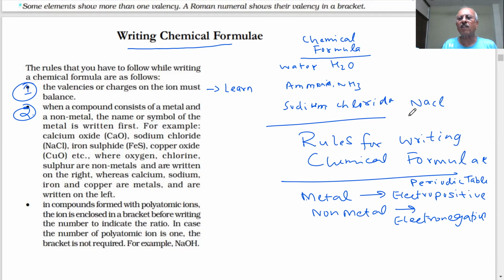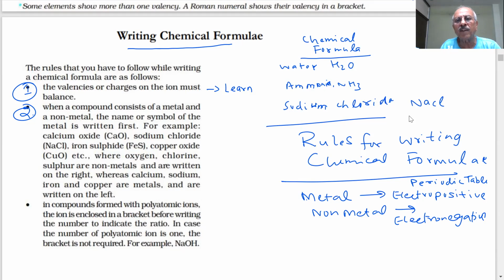On the left-hand side of the periodic table, you see sodium, first group, second group. These are calcium, magnesium, sodium, potassium, all metals, and transition metals. On the right side, you will see non-metals like oxygen and sulfur. So the second rule: metal will be written first.